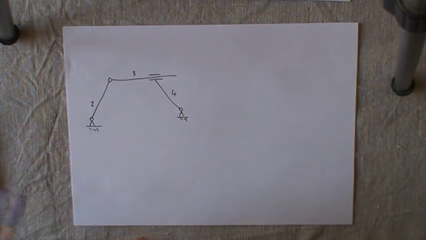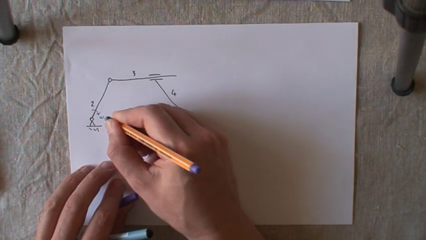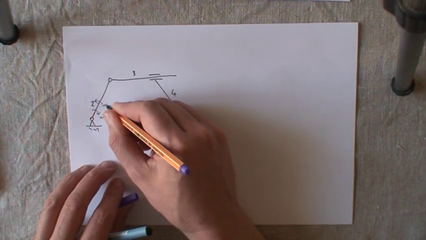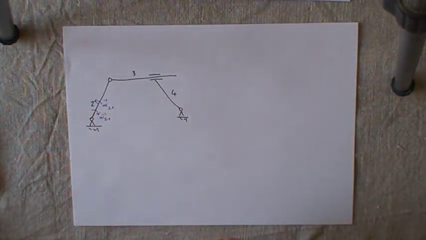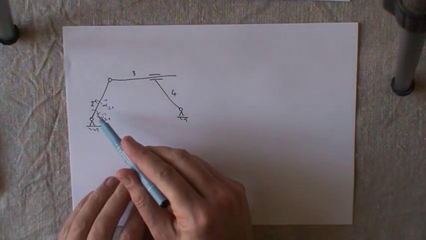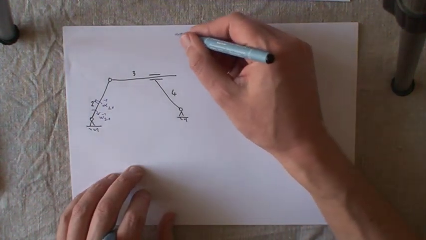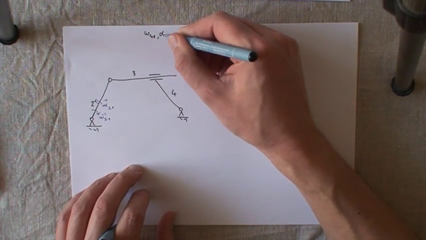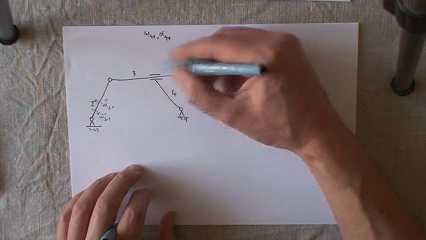And what is given is omega 2, 1, and let's say on the other side alpha 2, 1. So what we have here is the angular velocity and angular acceleration of body number 2, and what we want to find out is the angular velocity and angular acceleration of body number 4.